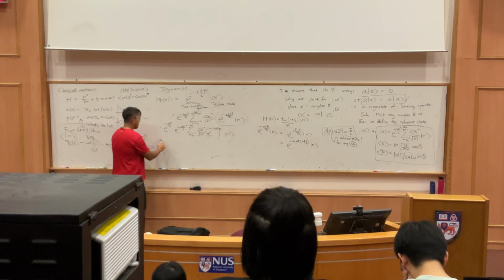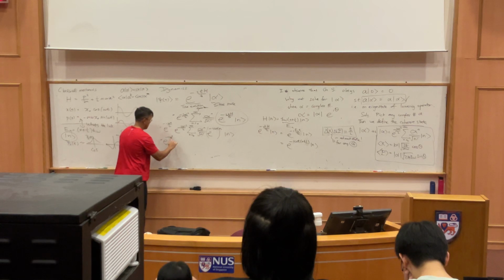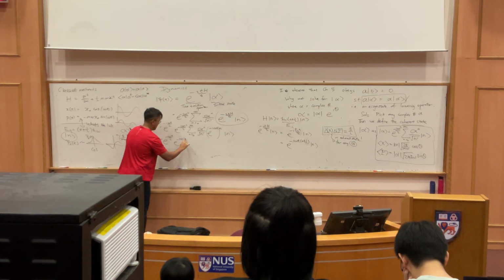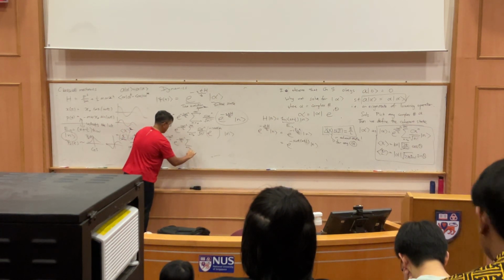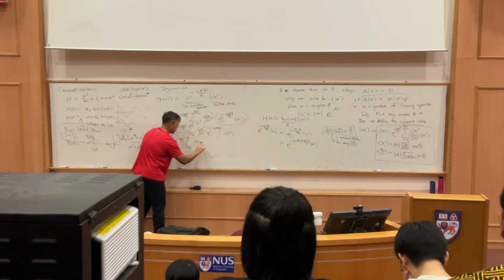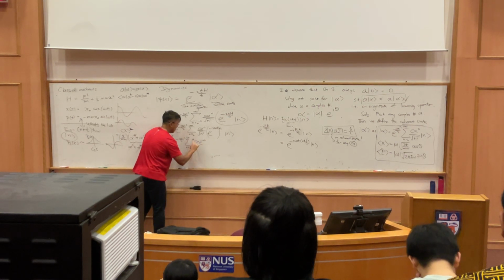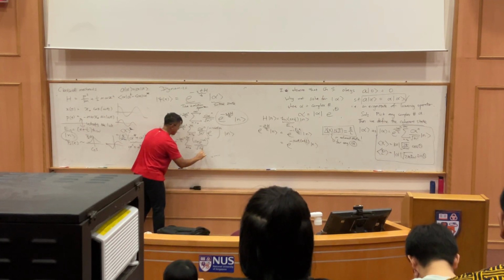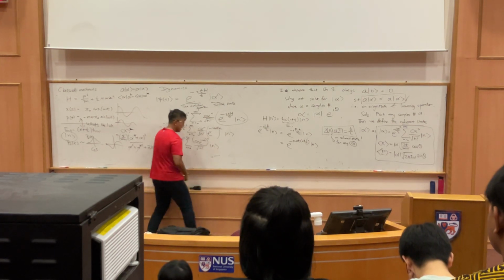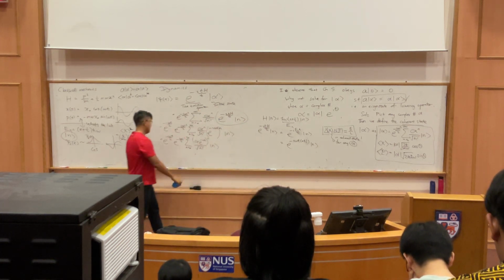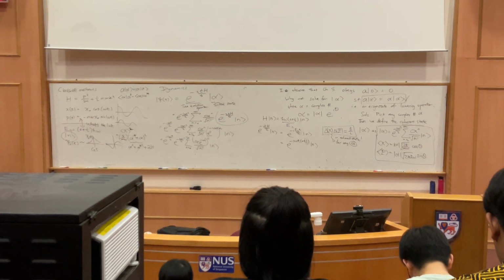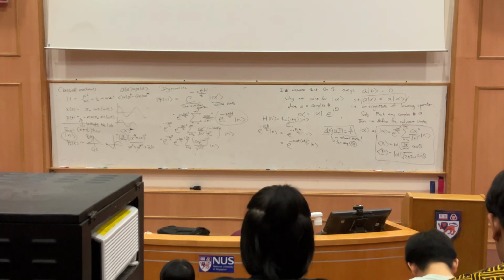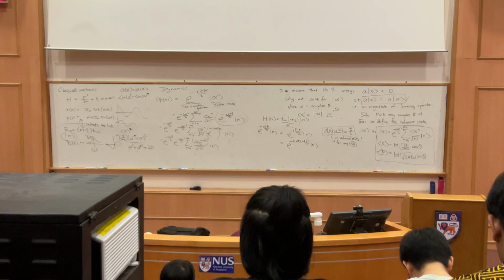So I could just define it as alpha e to the power of minus i omega t raised to the power of n over square root n factorial, n. Do you agree with me? But what's alpha times e to the power of minus i omega t? It's a new complex number, right?